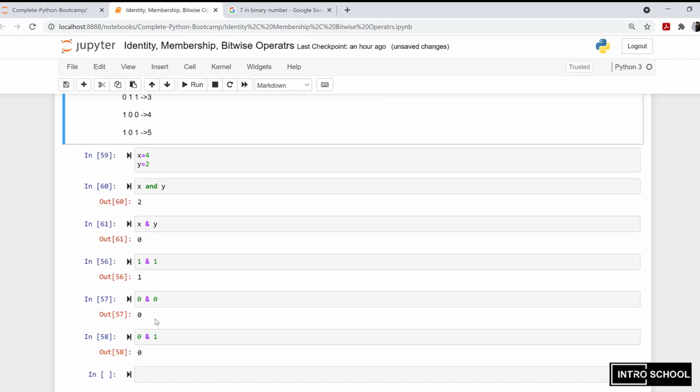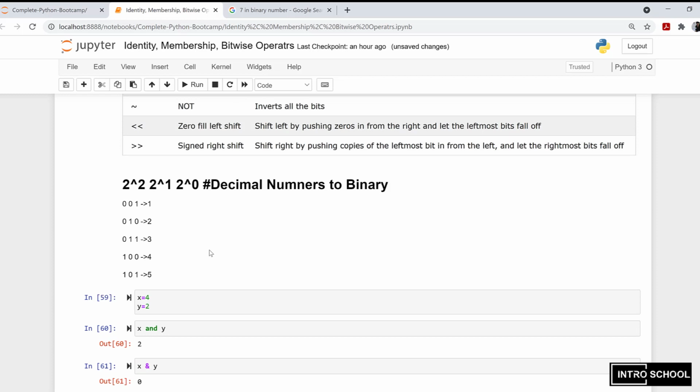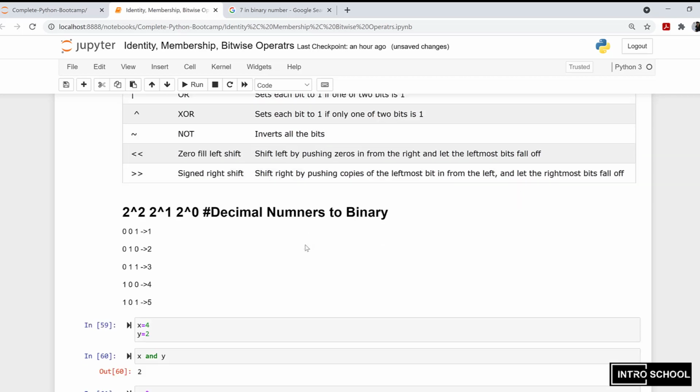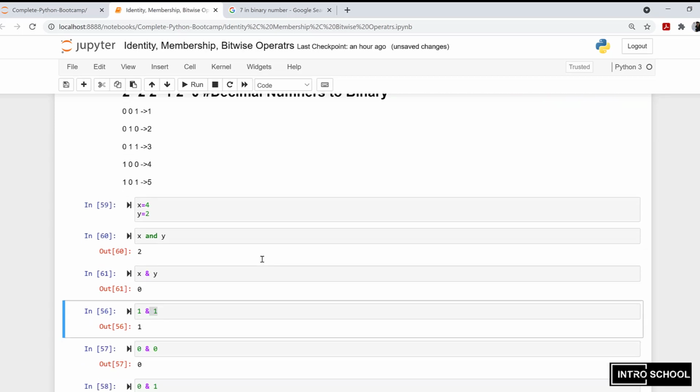That's why x and y is now 0. I hope you understand that bitwise operations are done bit by bit. You first have to convert your decimal number into a binary number, and then it is compared. These are not mostly used in Python, but you should know how it works.